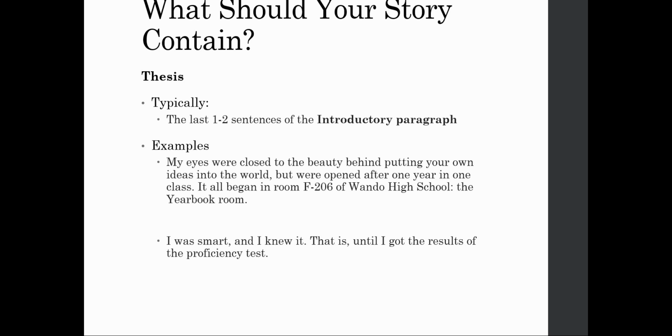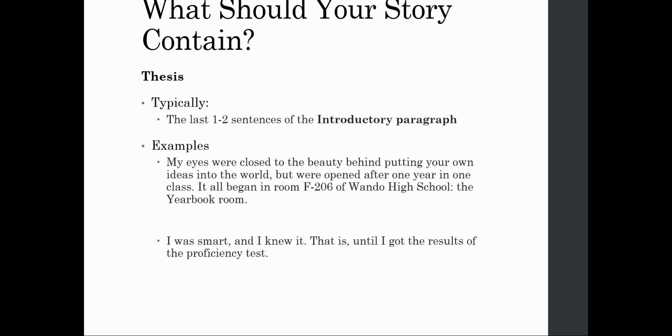The author has also identified that this opening of eyes contains a sense of beauty, and that beauty relates again to the academic world, putting your own ideas into the world. The setting in this story most likely is going to be important, and the author has narrowed the setting from the high school to the yearbook room, offering one central location in which the story will take place.